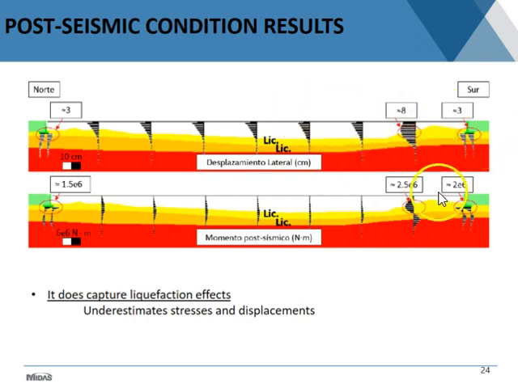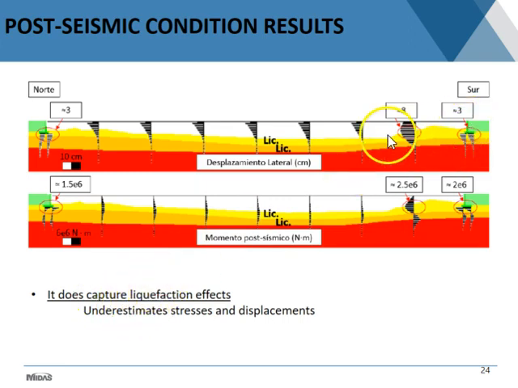Now, if you take a look at what happens in terms of bending moments on the piles, again, here you have certain numbers that are going to make more sense once we compare them with the resistance of the piles against bending. Now, the purely kinematical model, this FLAC 2D model, captures the effects of liquefaction.